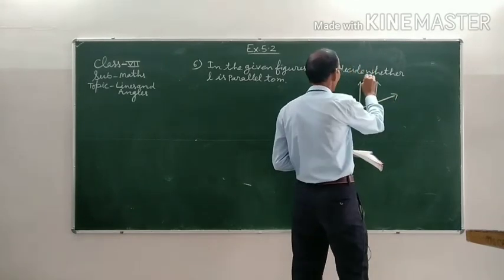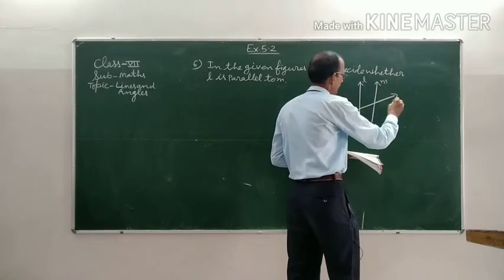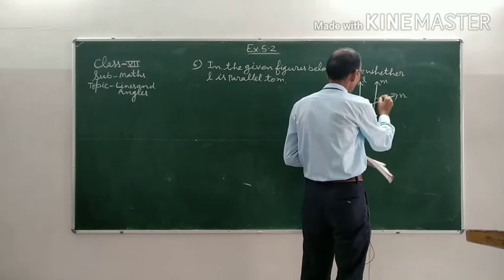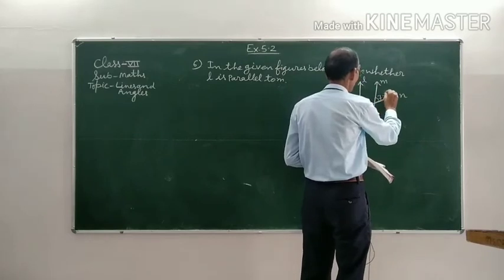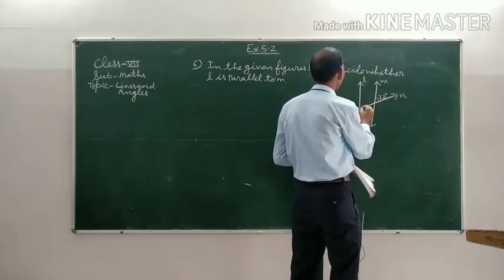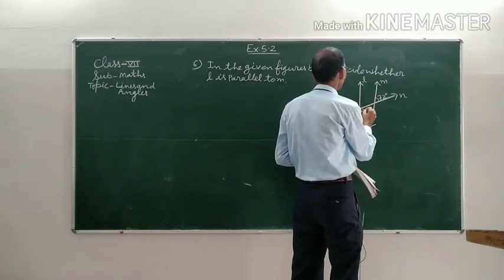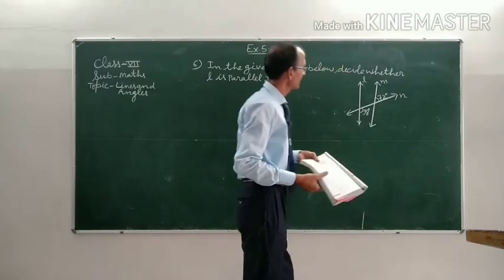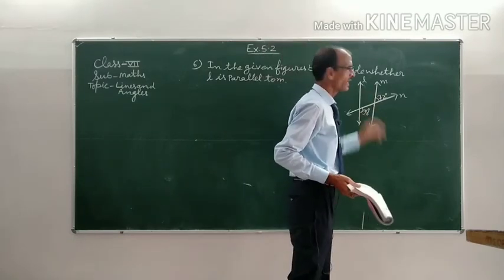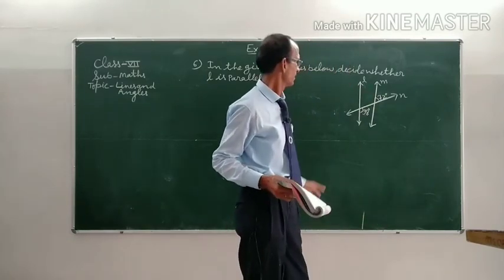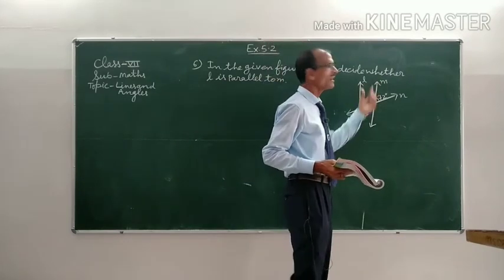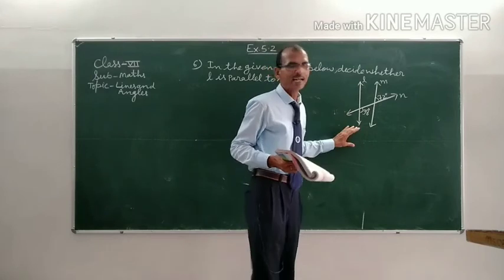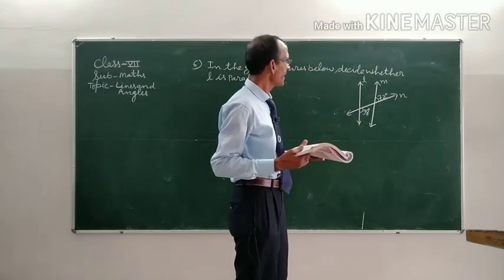Here these are lines L and M, and this line N is the transversal. This angle is given 72 degree, and this angle is 98 degree. We have to check whether L is parallel to M or not. Obviously it is not parallel, but we have to give the proof why these are not parallel.